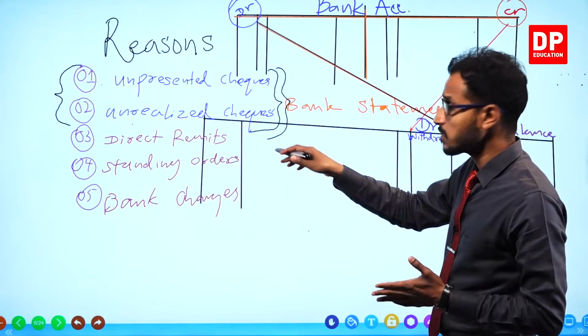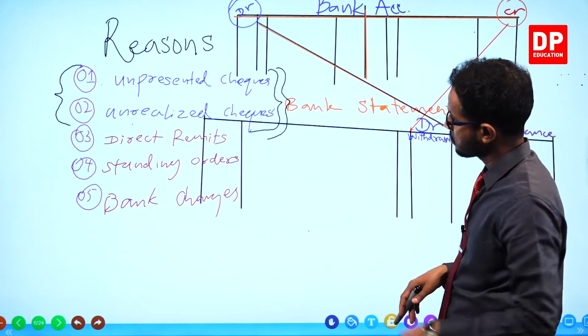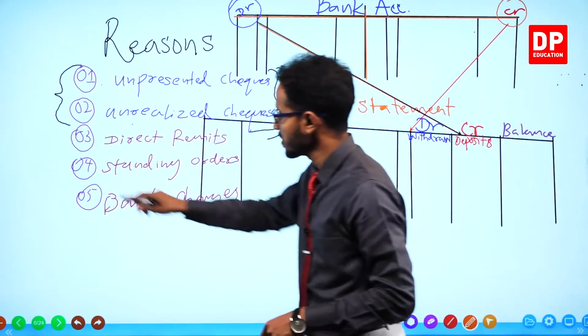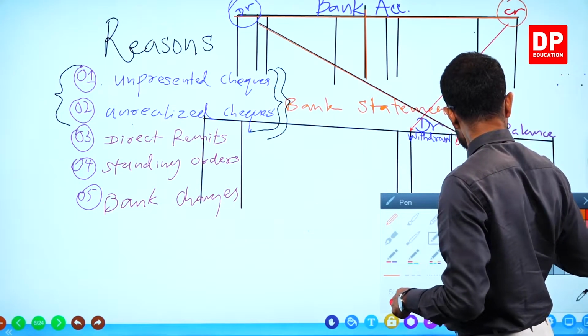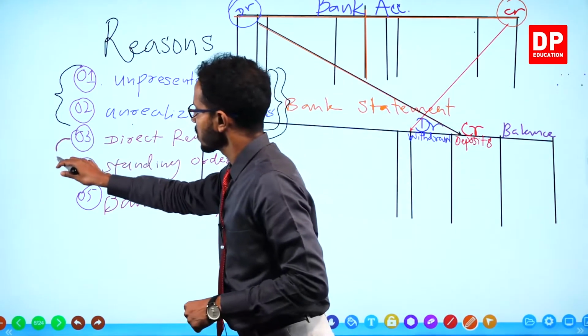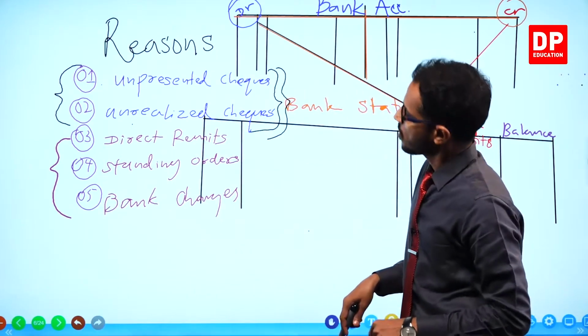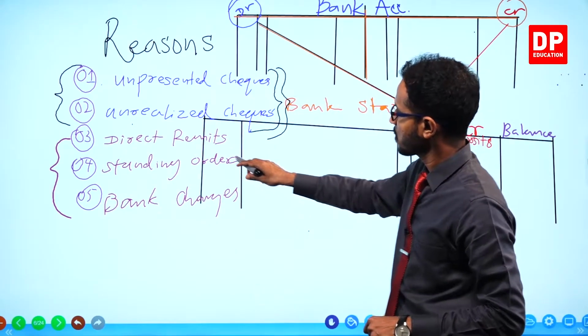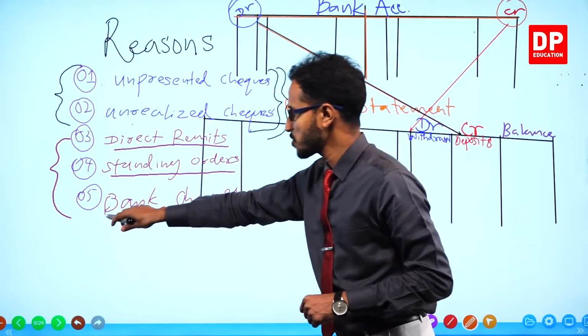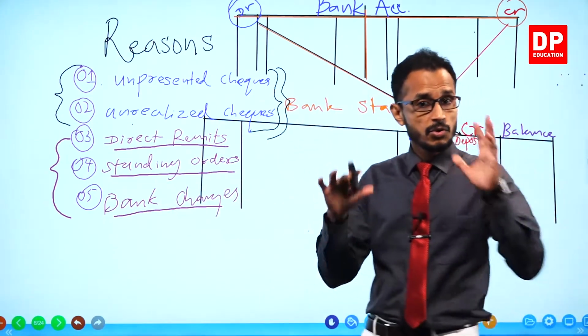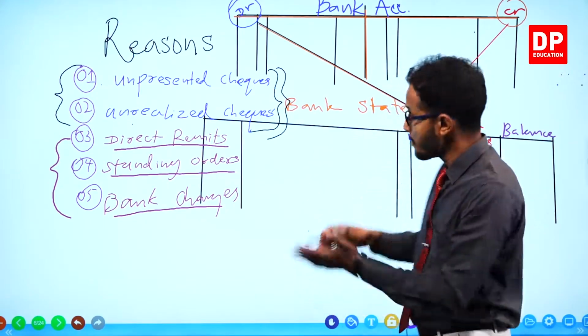But these other three, which are at the bottom, children, these three are direct remittances, standing orders and bank charges. These are actually recorded from the side of the bank.